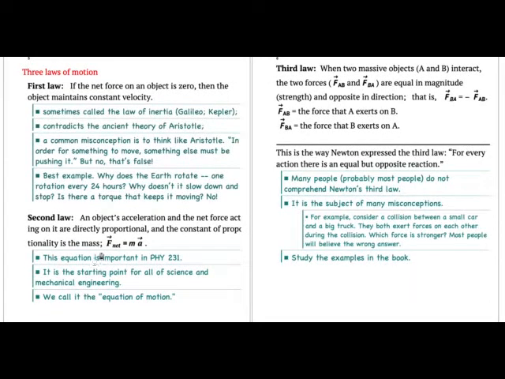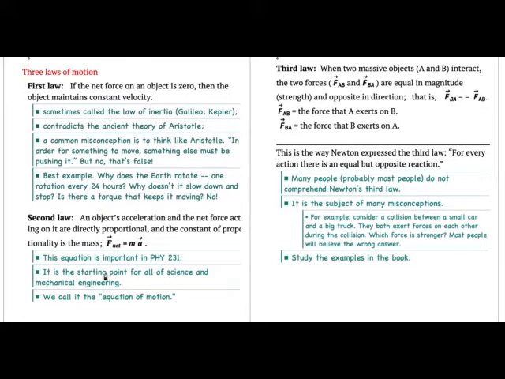But if there's a net force, then there must be acceleration equal to the net force divided by the mass of the object. Now, mass is an intrinsic property of the object. Every object has a certain mass. And the acceleration is the force divided by the mass.